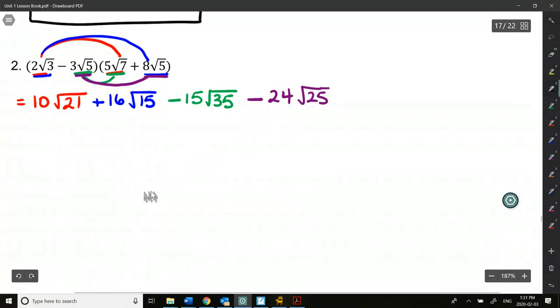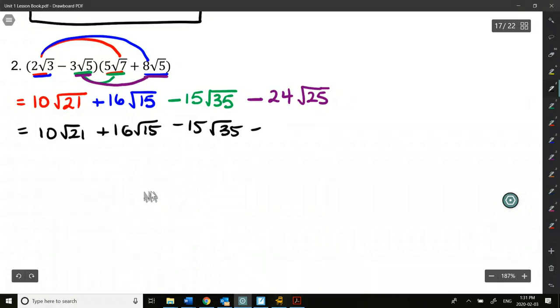Okay, you need to check all your radicands and see if any of them have perfect squares inside of them. So 25 is in and of itself a perfect square, so we should be able to simplify 25 just to 5. So will we multiply 24 by 5 then? Yes, we will. So on the next step here, I'm going to simplify 24 times 5.